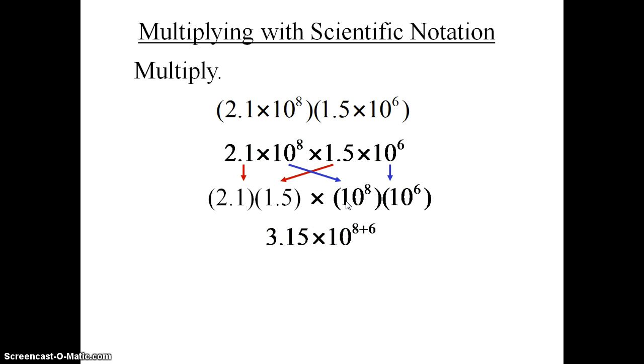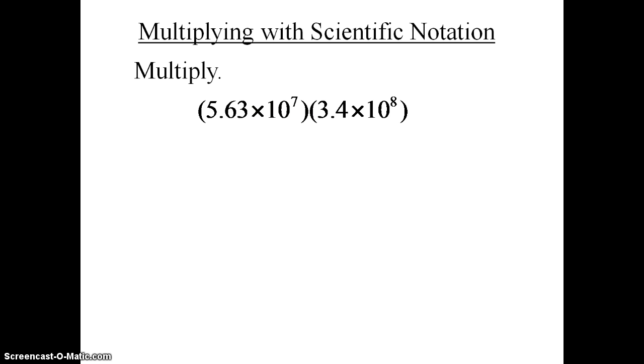And then we know the rule that says if you have the same base, you can just add the exponents. And so quickly, without using a calculator, I can rewrite this multiplication problem as 3.15 times 10 to the 14th power. And again, we know it's in scientific notation because this number is in between 1 and 10. And that's your final answer.